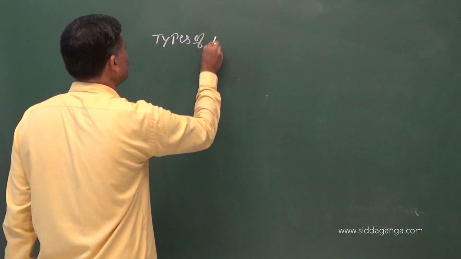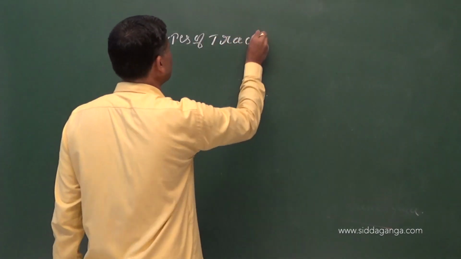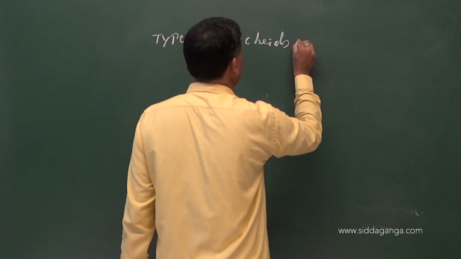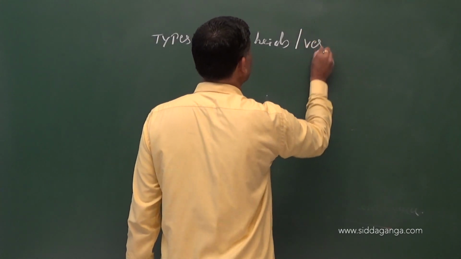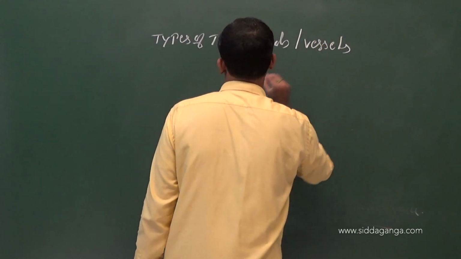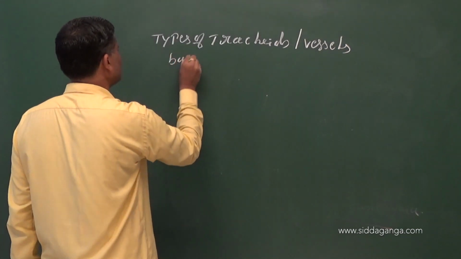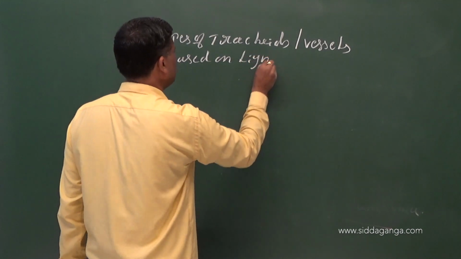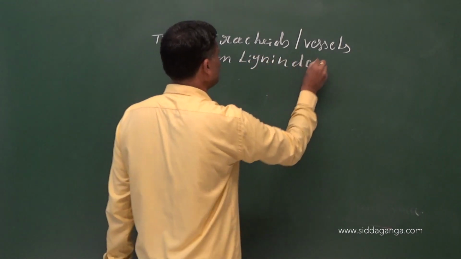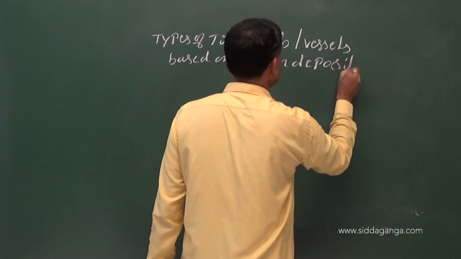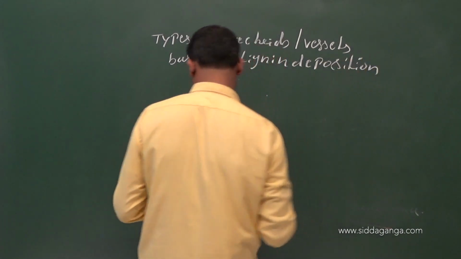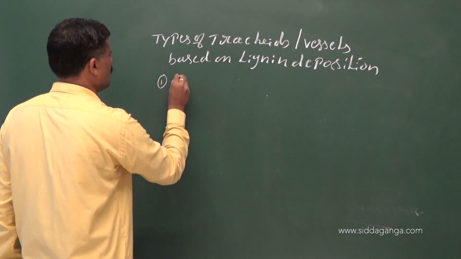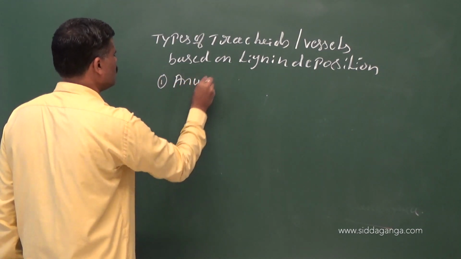Types of tracheids or vessels based on lignin deposition. First one, annular.